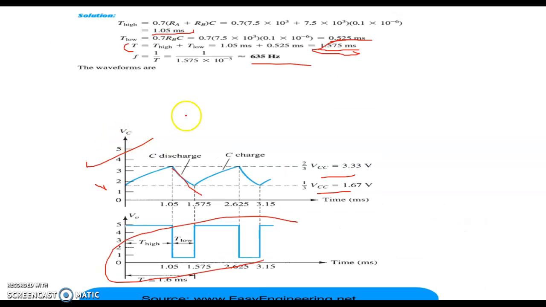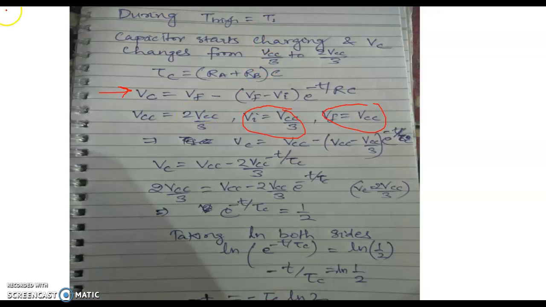Let's come to the derivation. For the monostable multivibrator, our initial voltage is equal to 0, and our final value is only VCC.